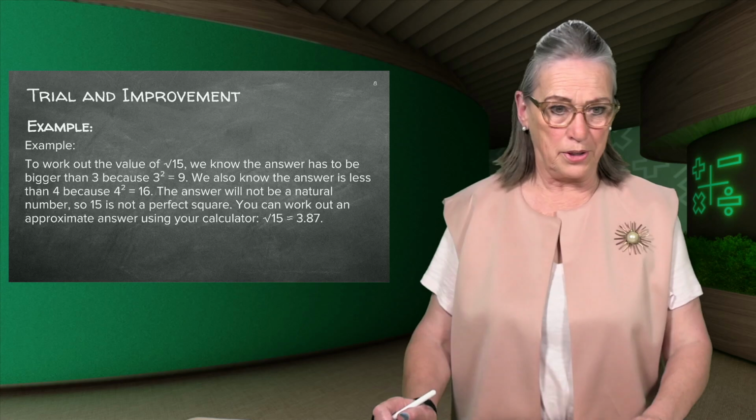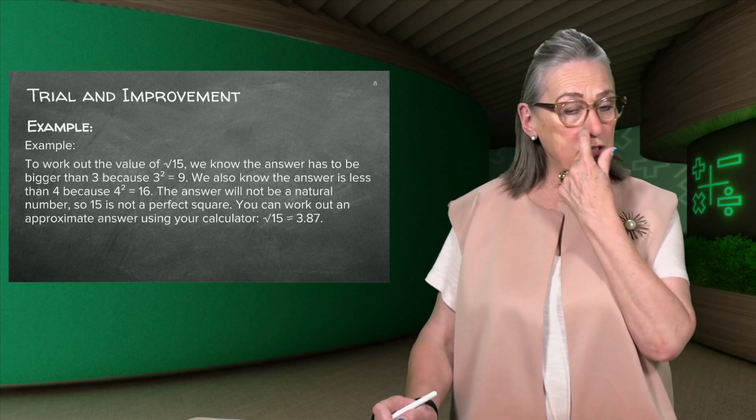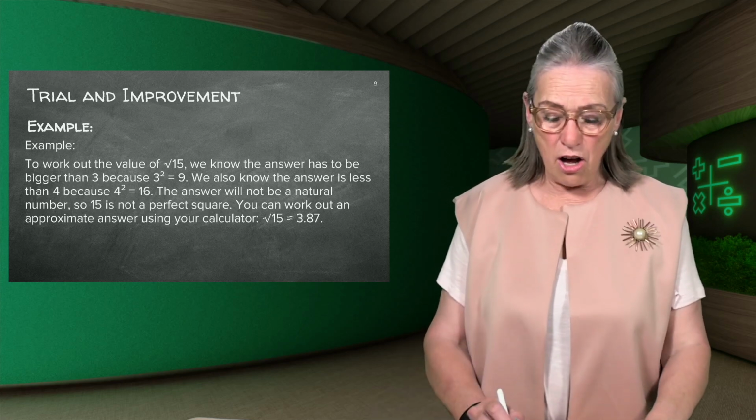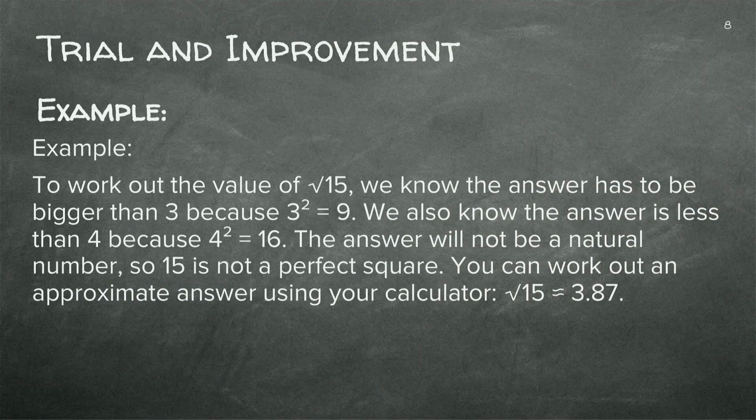Let's do an example. If you have to work out the value of the square root of 15, what do we know? The answer has to be bigger than 3 because 3 times 3 is 9. And we also know that the answer is less than 4, very similar to the previous one of 10, because 4 to the power of 2 is 16.